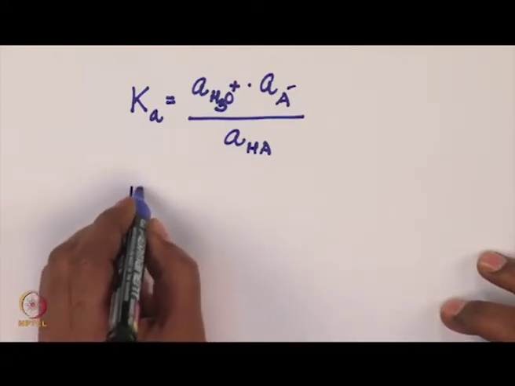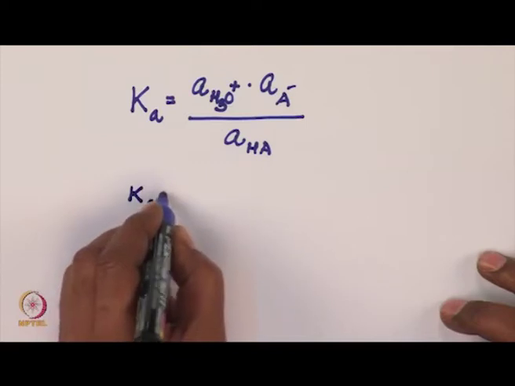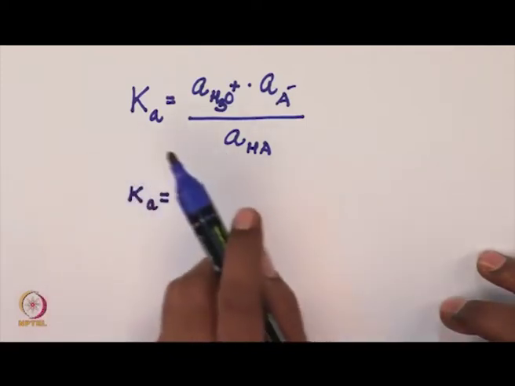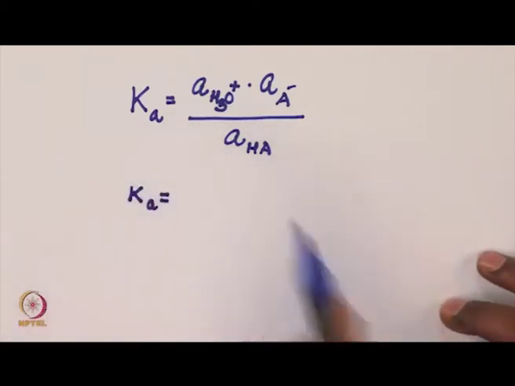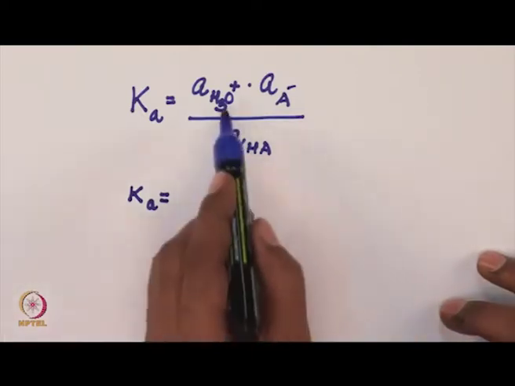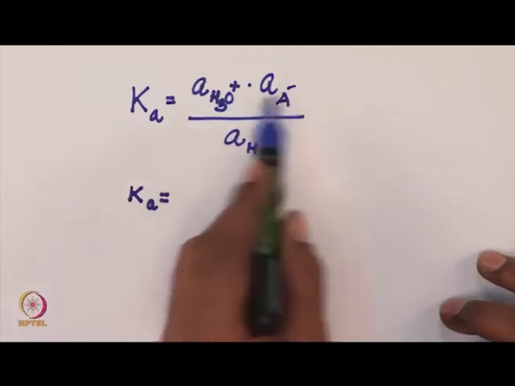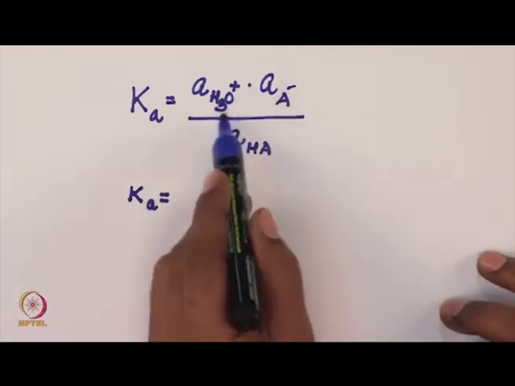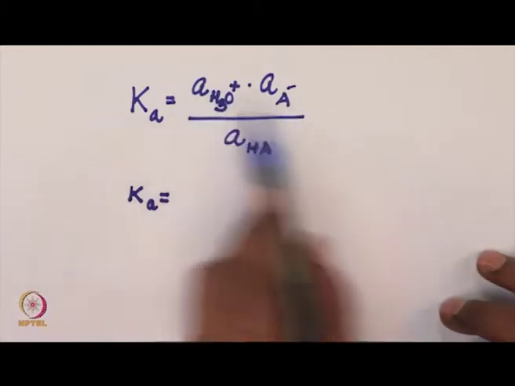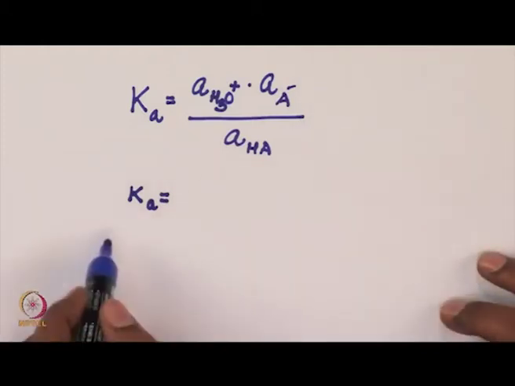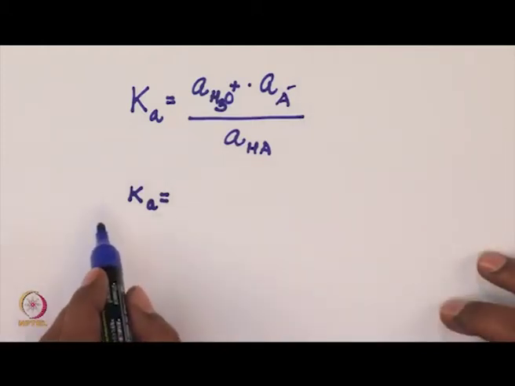And let me write again, Ka is equal to... If the acid is weak and initially there is no base present, then both these have to be equivalent, because the source of A minus is also HA, and the source of H3O plus is also HA, and you are not talking about the contribution from autoprotolysis of water.